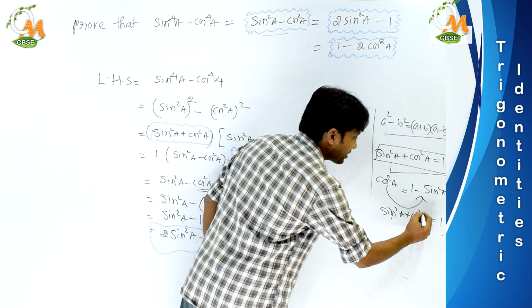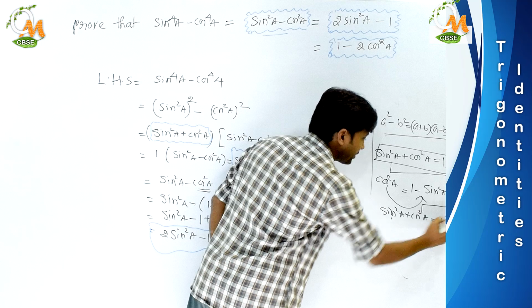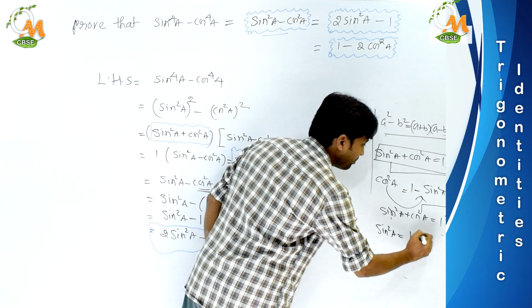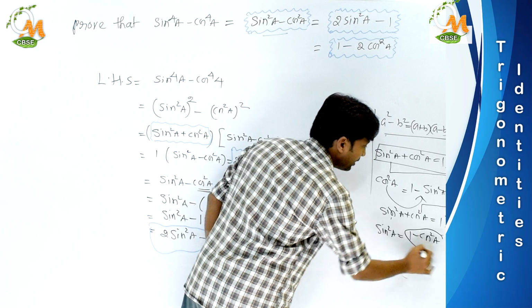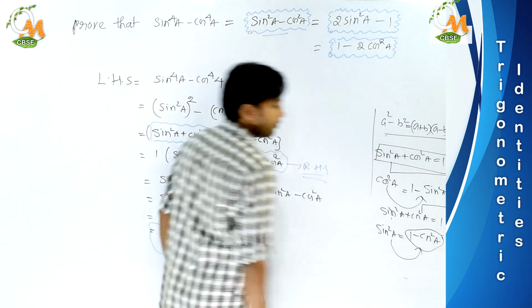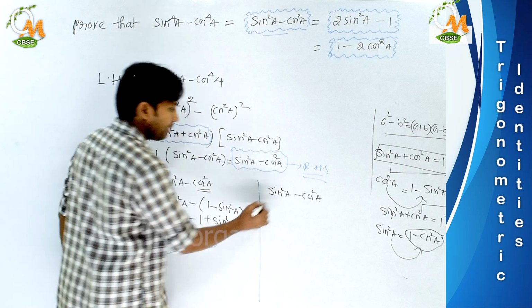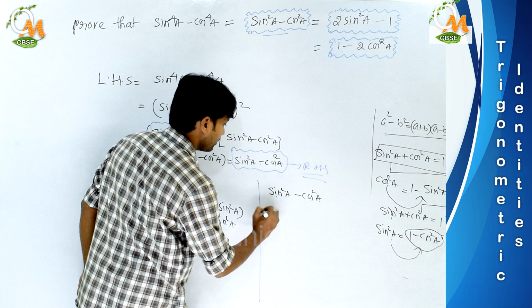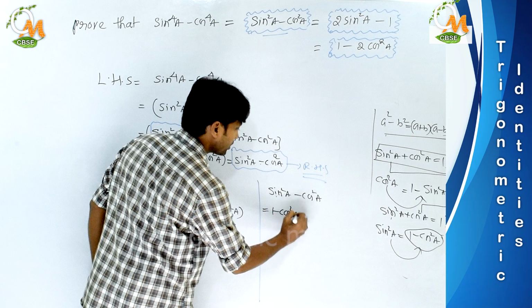Take cos square a to the other side, then sine square a can be written as 1 minus cos square a, right? So wherever you get sine square a, you can replace it with 1 minus cos square a.